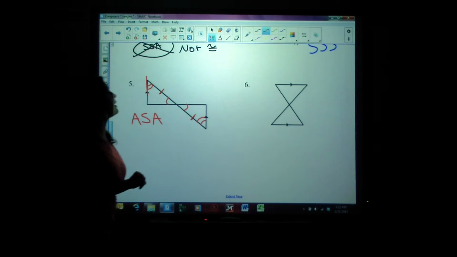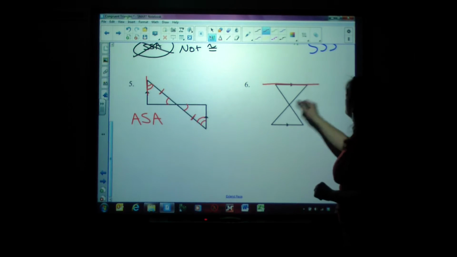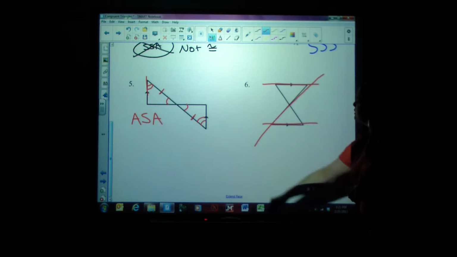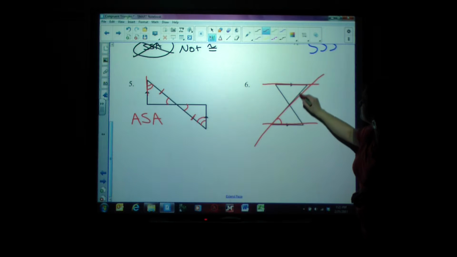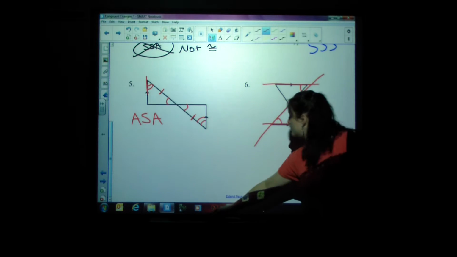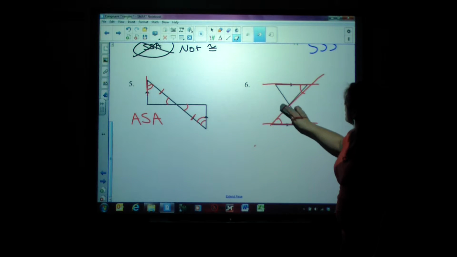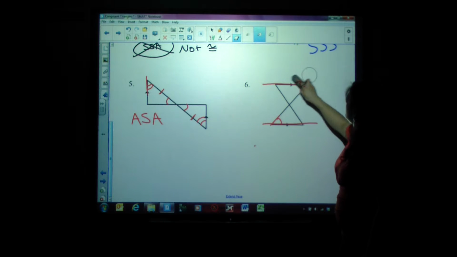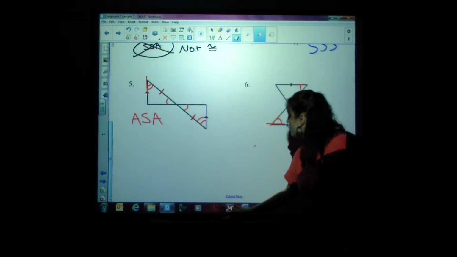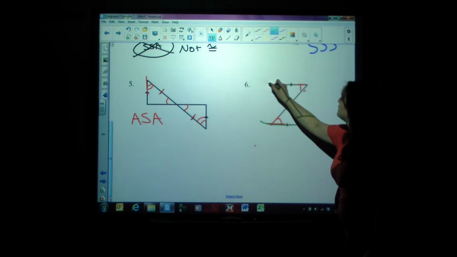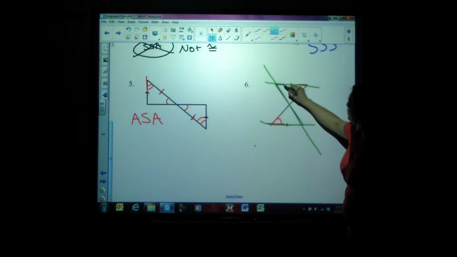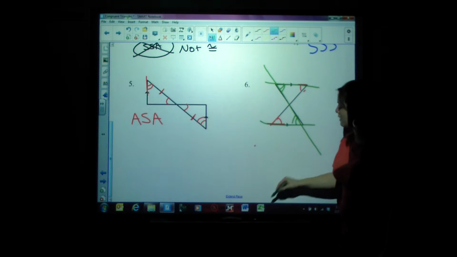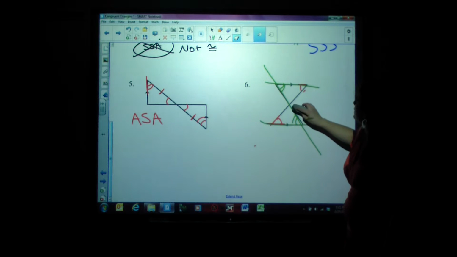Okay, let's check the next one. Again, we have this whole parallel lines idea. So we look at the transversal. Alternate interior angles are congruent. Okay, let's try this. Let's look at these parallel lines and consider this the transversal. Well, these are also alternate interior angles, so those ones are congruent as well.